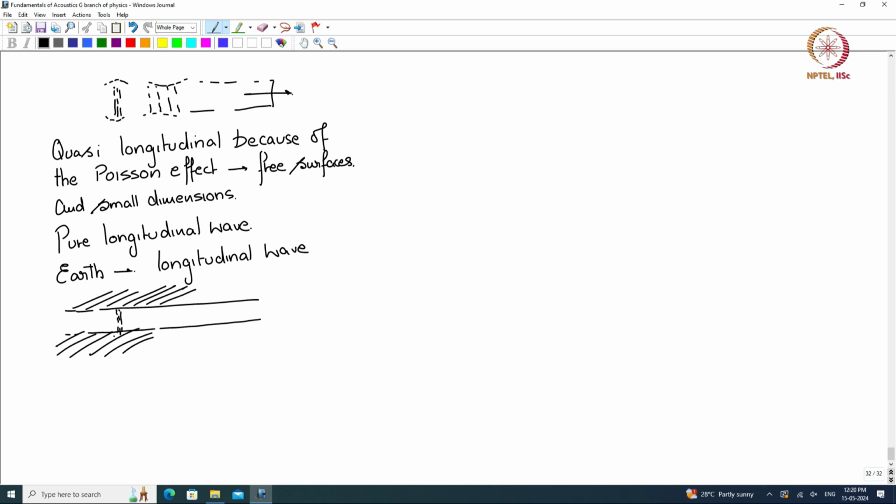So this Poisson related bulge is prevented, because this local wave cannot push that much material that is above. At the same time, if there is a rarefaction, this kind of necking also cannot happen because there is this huge material that has to be pulled in.